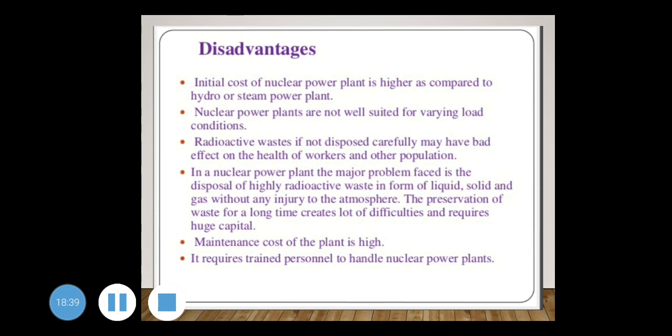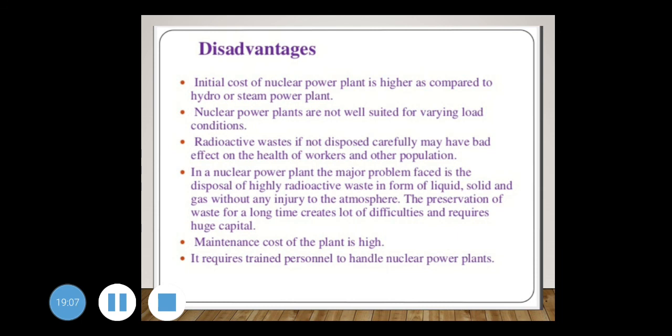Nuclear power plants are not well suited for varying load conditions, meaning if the load varies, it is not suitable. Radioactive waste, if not disposed of carefully, may have a bad effect on the health of workers and other populations. That is the main disadvantage of the nuclear power plant.